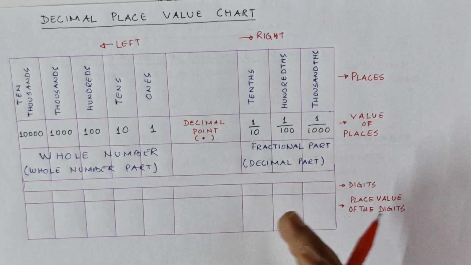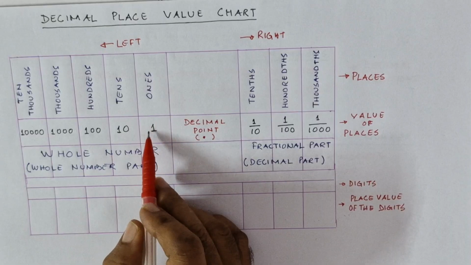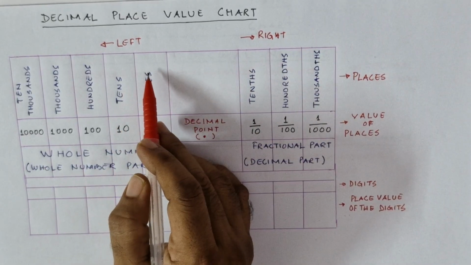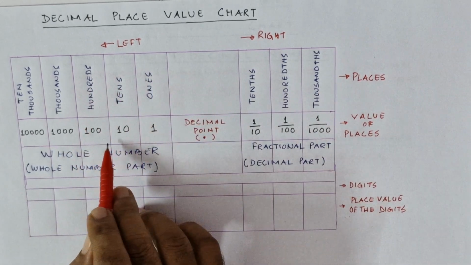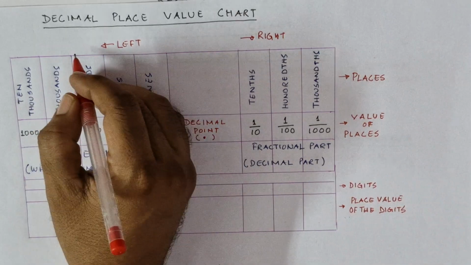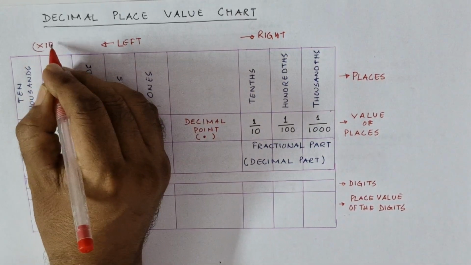On the left hand side, you can see that 1 becomes 10. If I move one place from ones to tens and tens to 100 and so on, what is the trick here? I am multiplying by 10.